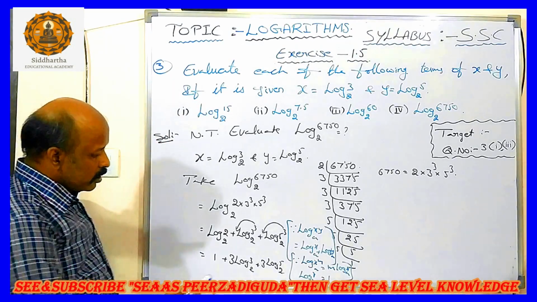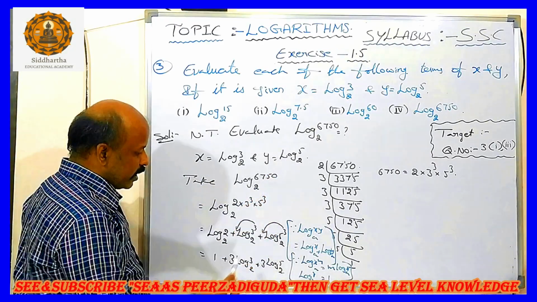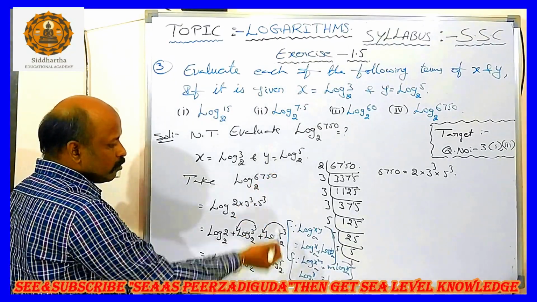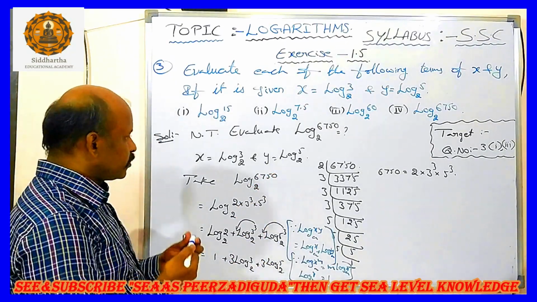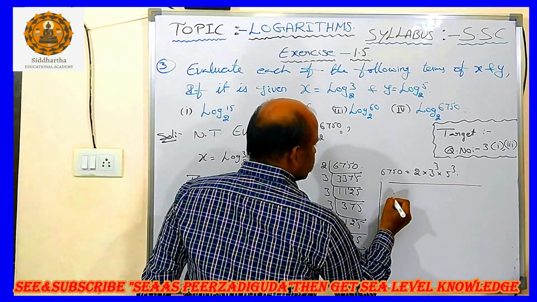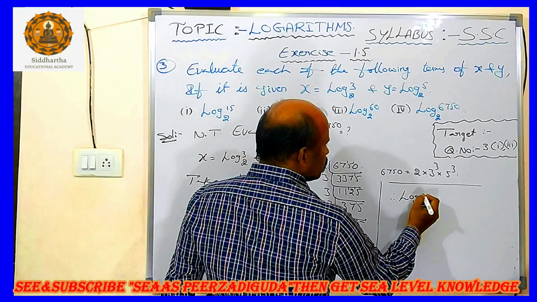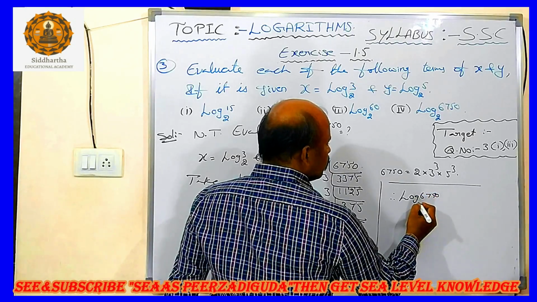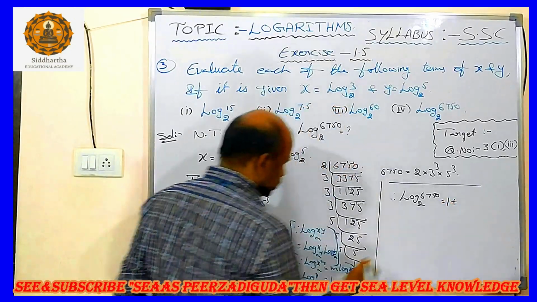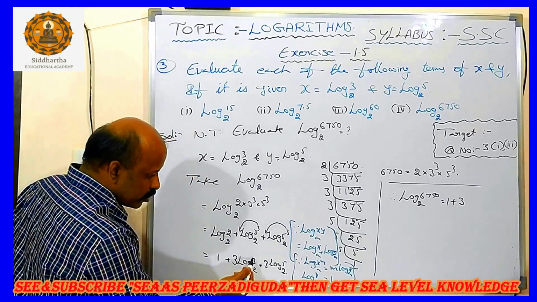By using these two formulas we can write like that. Now already we have the value of log 3 base 2 is x, the value of log 5 base 2 is y. Instead of log 3 base 2 I am going to write x, instead of log 5 base 2 I am going to write y. Now you observe, therefore log 6750 base 2 is equal to, what is there here? 1 plus 3 log 3 base 2.